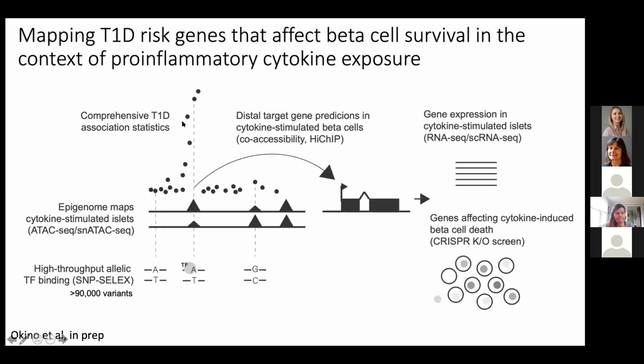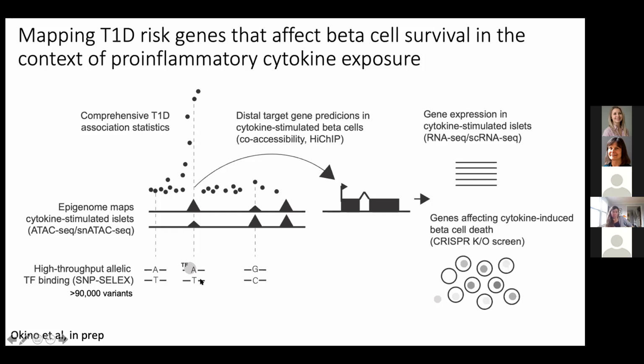So this study's in preparation, but touches on multiple different types of data that I think are relevant to annotating risk variant function and understanding the mechanism of risk loci. So we take association statistics for type 1 diabetes, and we have maps of pancreatic islets in their epigenome, both baseline and cytokine stimulated for bulk ATAC-seq, but then also increasingly single cell ATAC-seq.